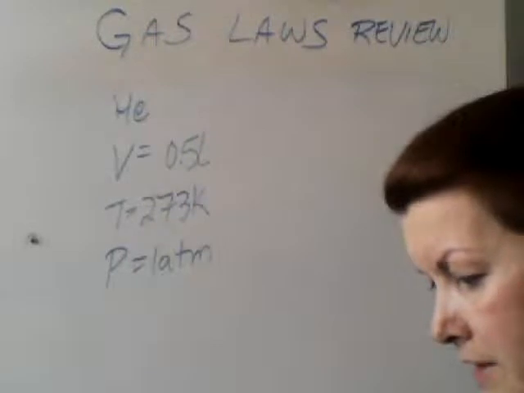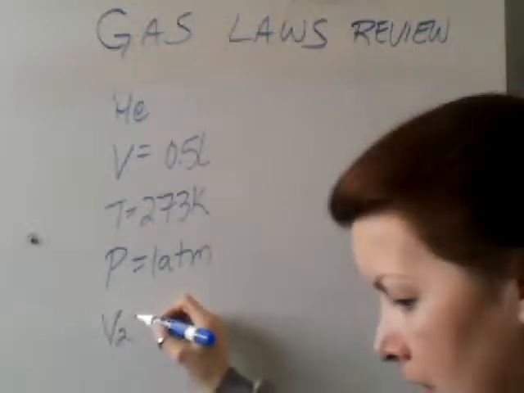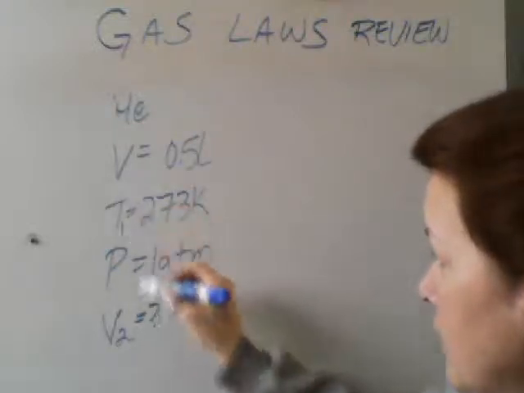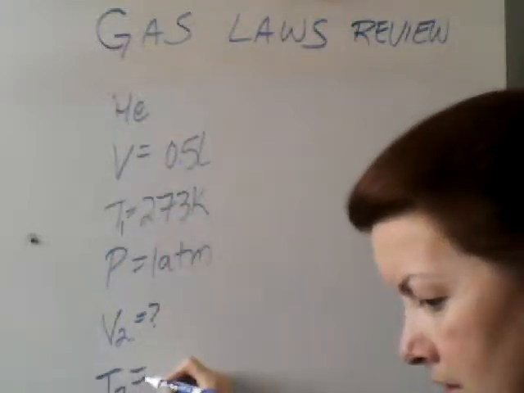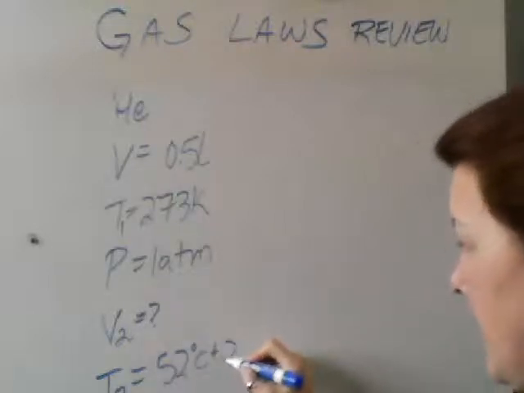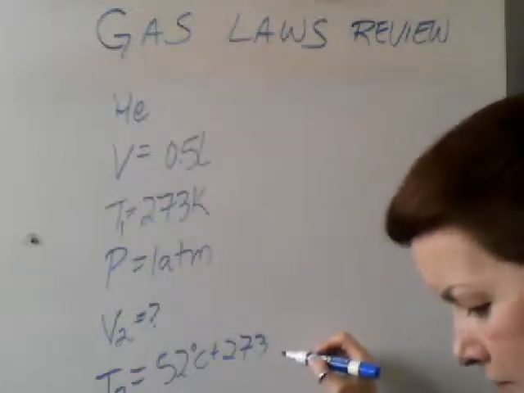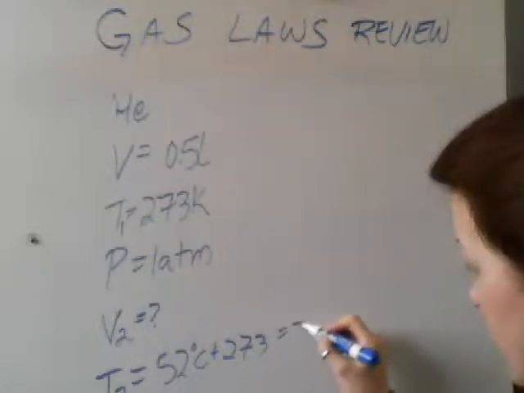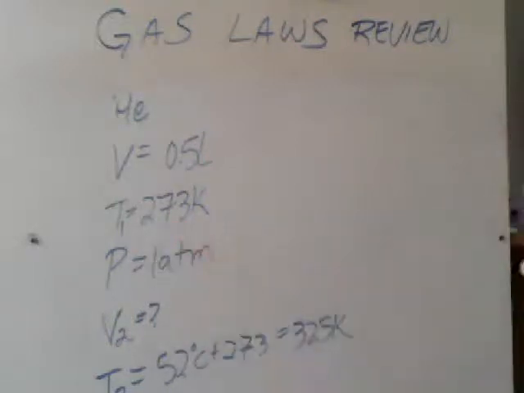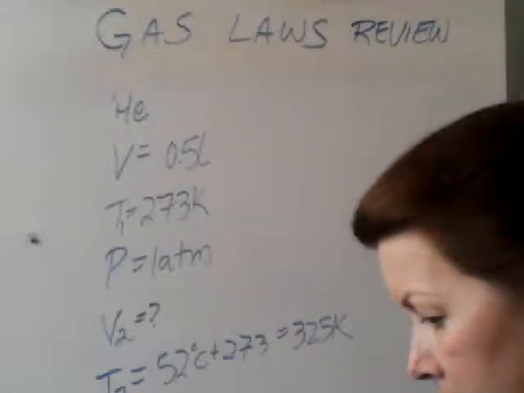And it wants to know what is its new volume if the temperature is increased to 52 degrees C. So we're going to add our 273 and we'll find that that is 325 Kelvin. So our temperature is going from 273 to 325 Kelvin.